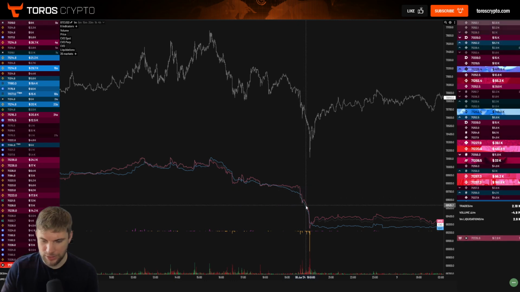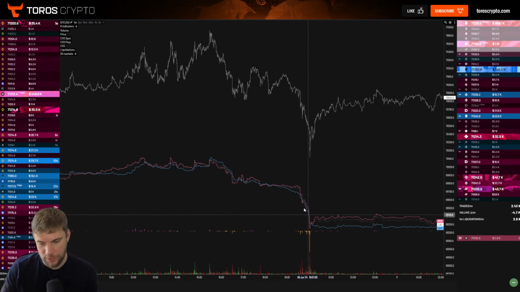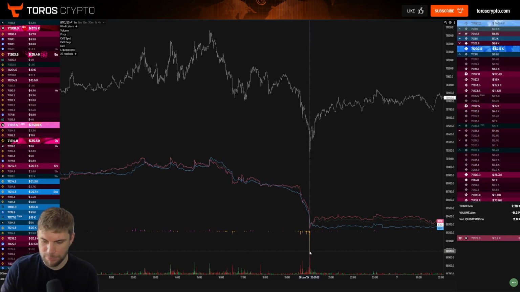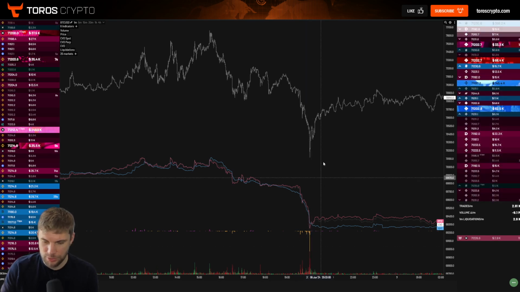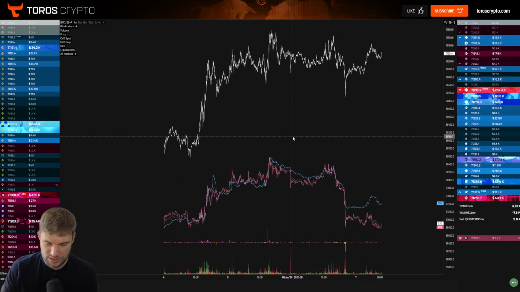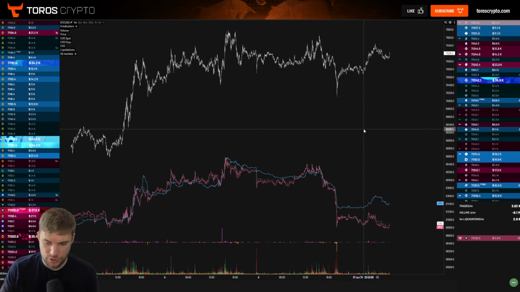You can just see how quickly that cascaded down. Some spot selling going on there as well, but how quickly that cascaded down. High volume, running a bunch of liquidations, a load of stop losses being hit. That's the most long liquidations we'd seen, at the very least throughout this range that we have at the top here.